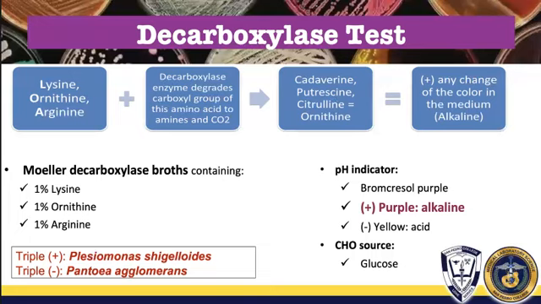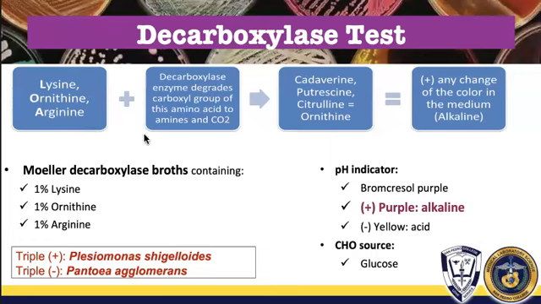Arginine will be acted upon initially by a dehydrogenase enzyme into citrulline, and then citrulline will be further reduced into ornithine. As it becomes ornithine, the decarboxylase enzyme will act on it to reduce it into putrescine. So it is a bit roundabout for arginine.